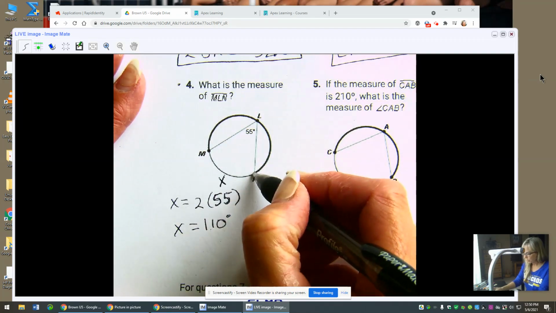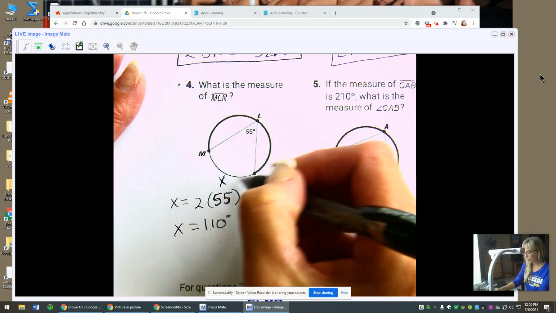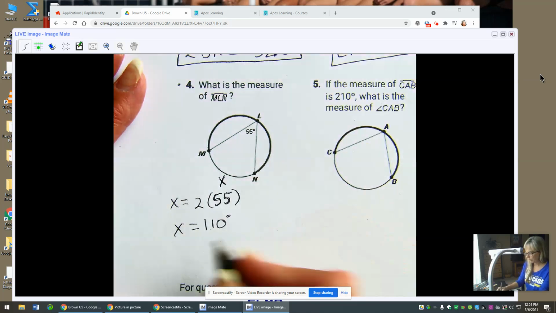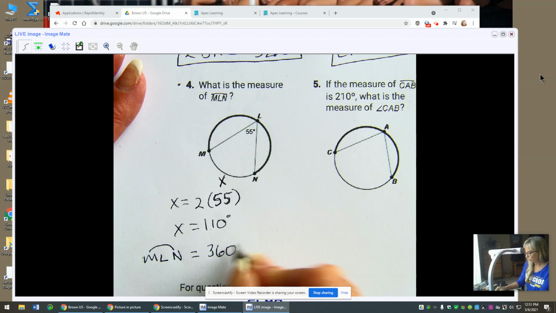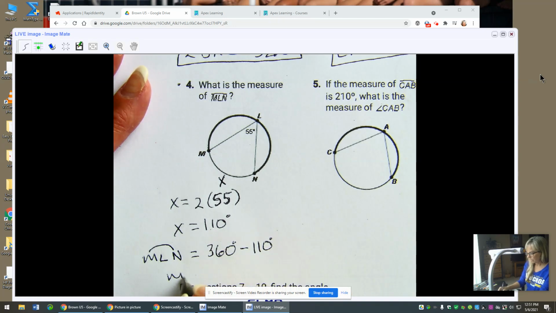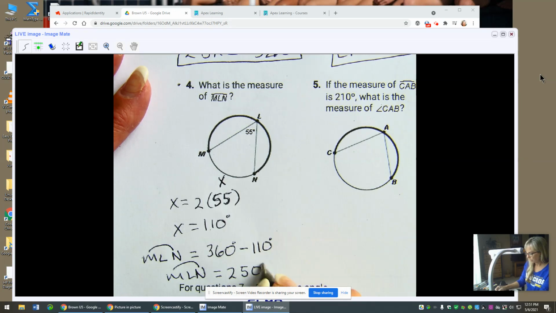This is just a portion of the full circle. The full circle, of course, is 360 degrees. So to get MLN, that arc, we're going to take the 360 degree total circle and take away that portion we just found. And then we'll get arc MLN is 250 degrees.